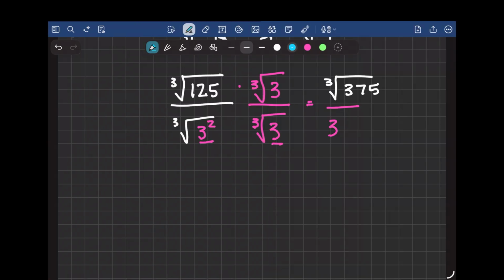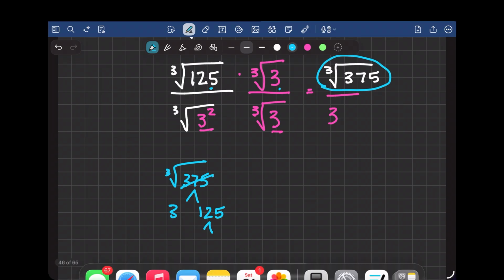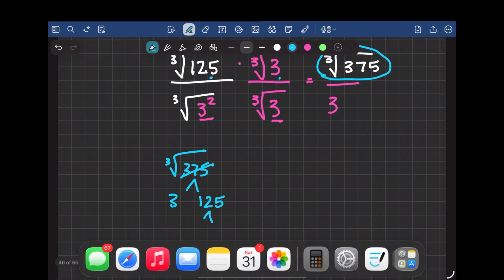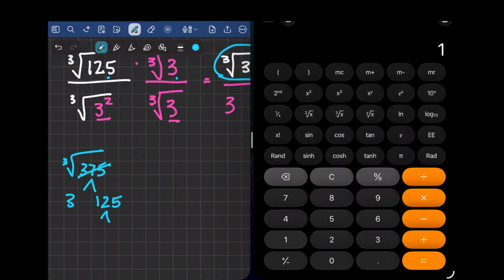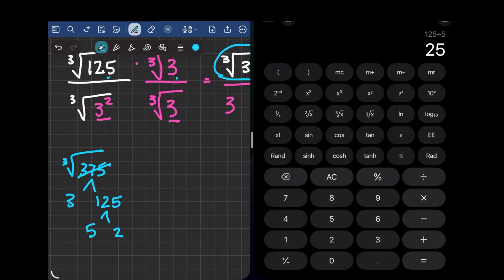Okay, so moving over here, we're going to break down that cubed root of 375. And we already know that 3 times 125 works for this number. So 3 is prime, 125, we can break that up. And if you are needing your calculator, definitely feel free to use that to break down if you are allowed those in class. So 125, divide that by 5 is 25. I know anything that ends with a 5 is divisible by 5. And I also know with 25, that is the same thing as 5 times 5.